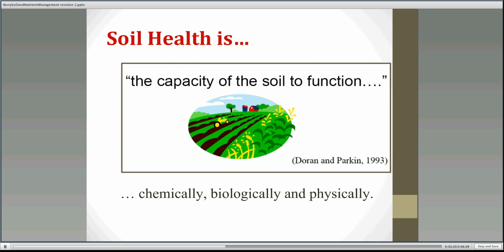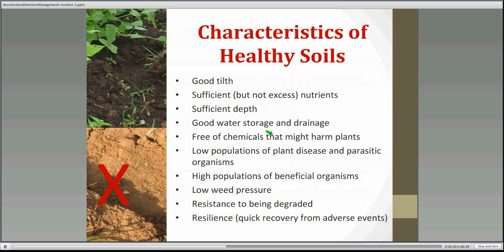So soil health is the capacity of the soil to function chemically, biologically, and physically. And that's what we're going to explore a little bit. And that's what the soil health test will make sure that folks understand. So characteristics of healthy soils include good tilth, sufficient but not excessive amounts of nutrients, a sufficient rooting depth.